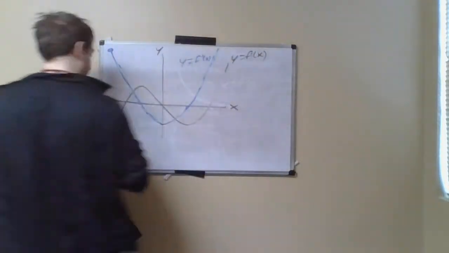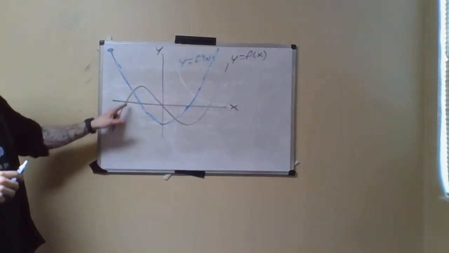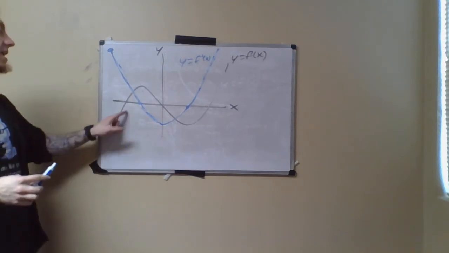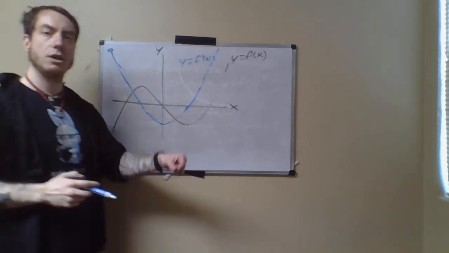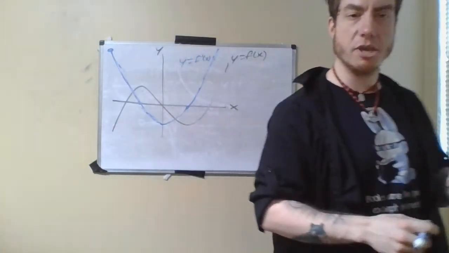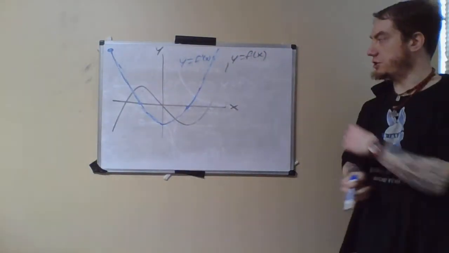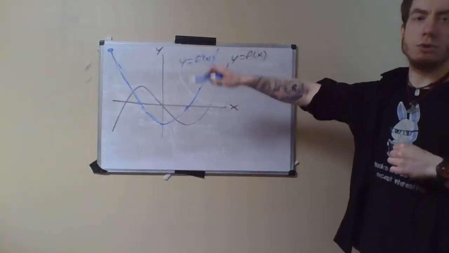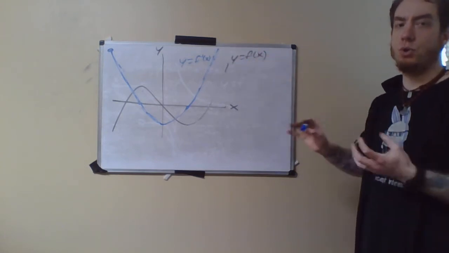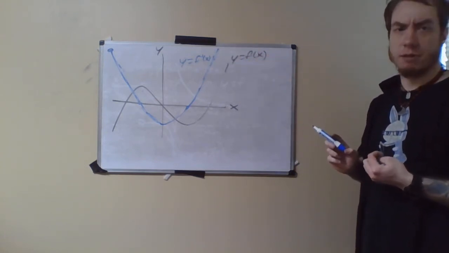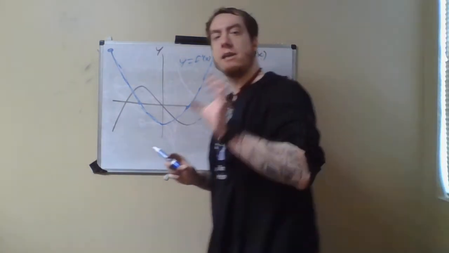Notice something interesting here. My f of x actually looks kind of like a cubic curve. You can think of some cubic polynomials that look sort of this shape. And my derivative looks sort of like a degree 2 curve. It almost looks like a parabola. That is not a coincidence.